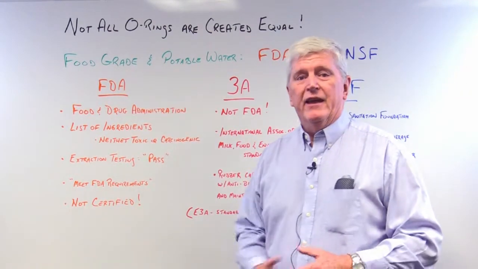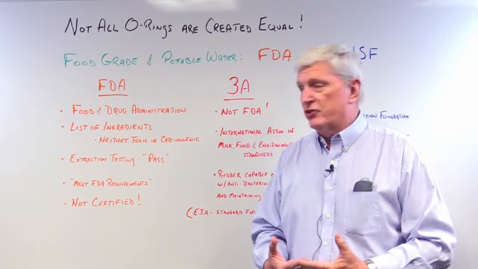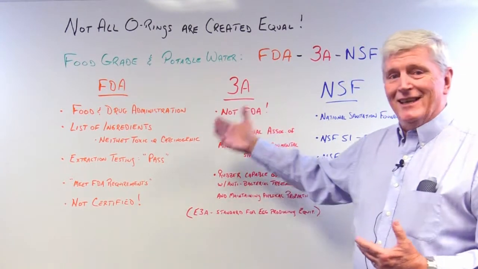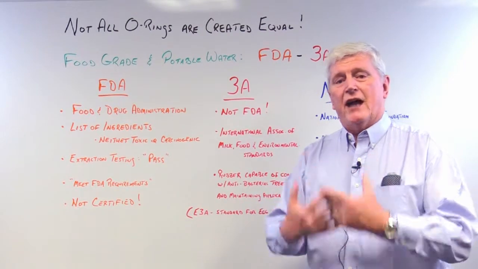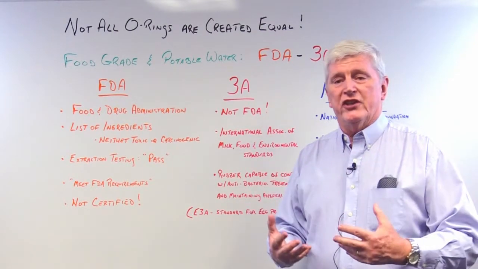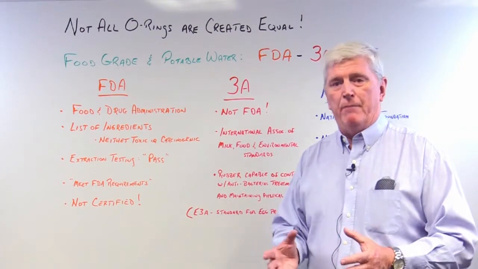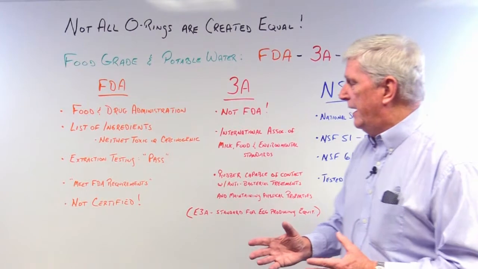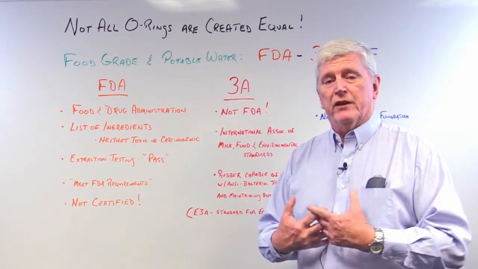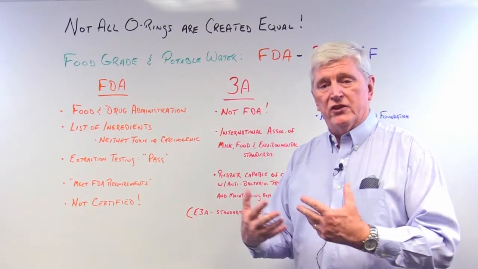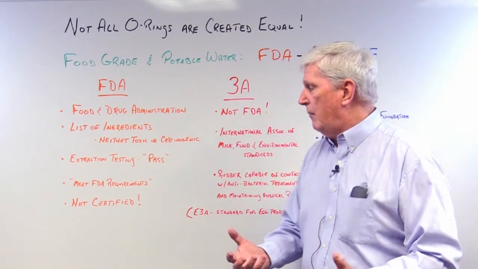Specifically FDA. FDA is the standards that are derived and managed by the Food and Drug Administration. What this is, simply, is a list of ingredients that are neither toxic nor carcinogenic that can be included in the formulations of compounds for O-rings. They go through a series of extraction testing so that as the O-rings are in use, in application, we know what is leaching from those O-rings that may or may not create a problem.